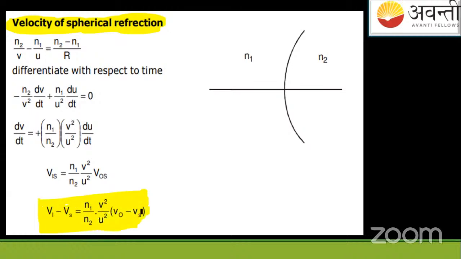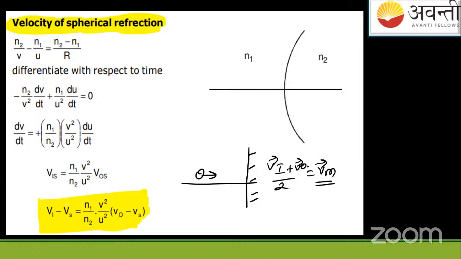Remember it. If we talk about the rest of the things, we have seen a plane mirror. An object was moving in front of the plane mirror. We have derived the formula for this also. That velocity of image plus velocity of object upon 2 is the velocity of the mirror.